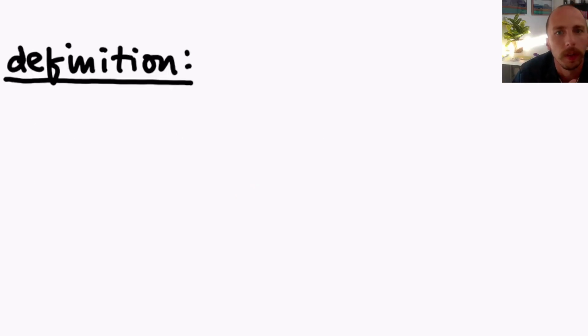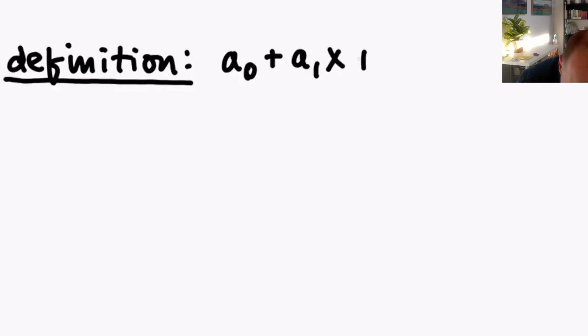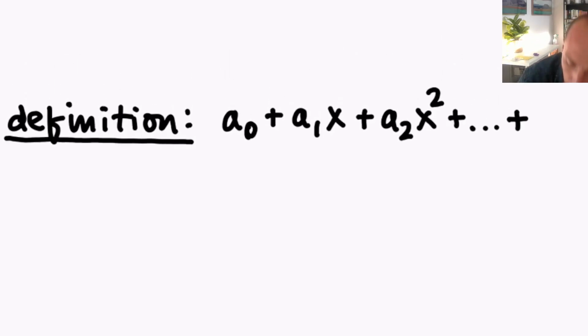Okay, so for us in our class, a polynomial is going to be something that starts off with some number plus some number of x's plus some number of x squareds, maybe plus some number of x to the thirds, and keeps going all the way up till some highest degree power, which we would say some number of x to the n's.